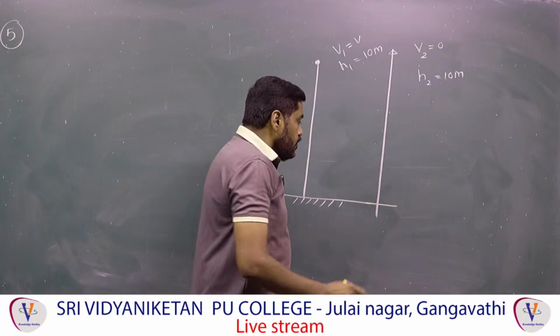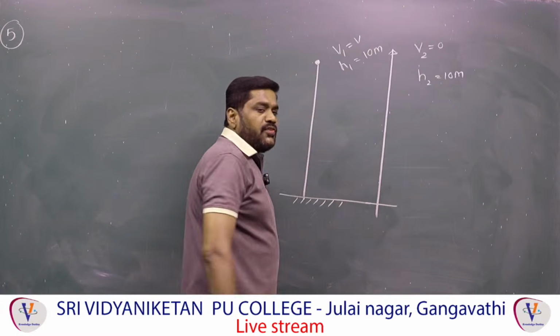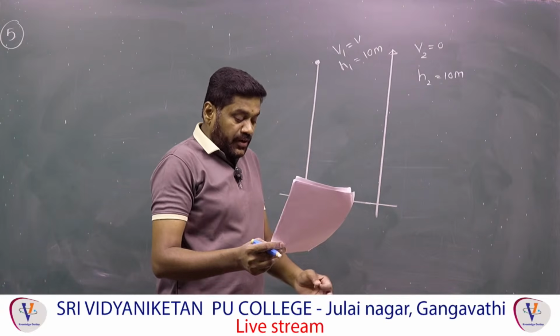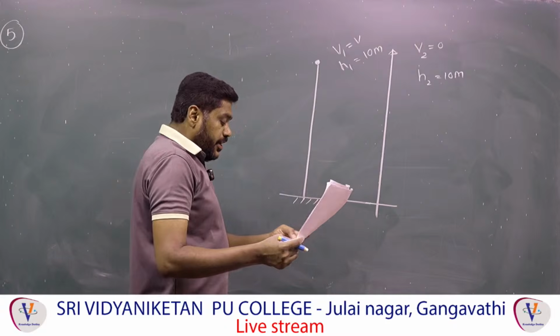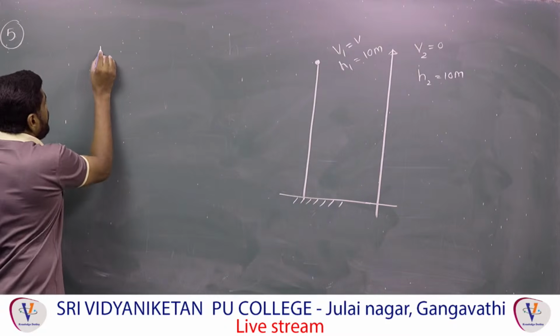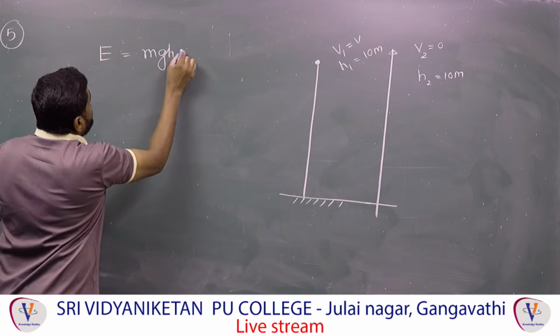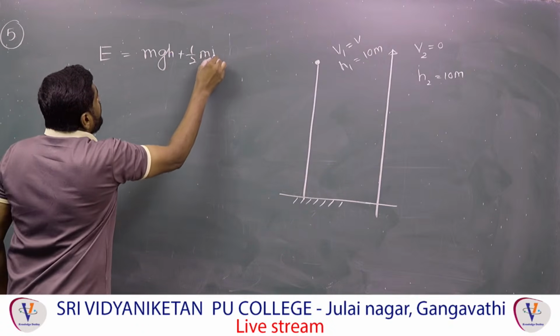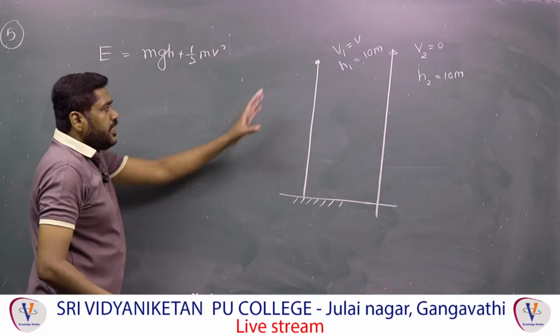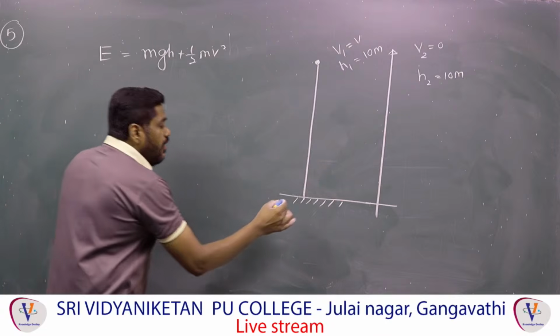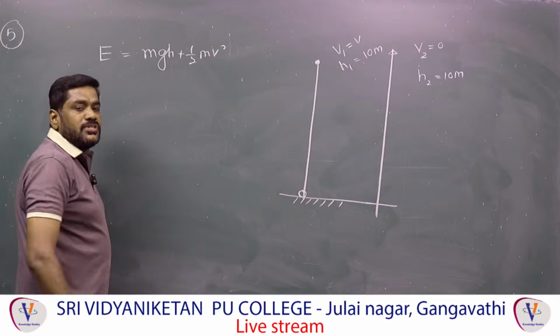Now they say that during this collision, half of the energy will be lost. First of all, tell me what is the total energy? Initial energy E is equal to mgh plus half mv square, because that is the initial energy. Next, after coming here, it loses how much energy?